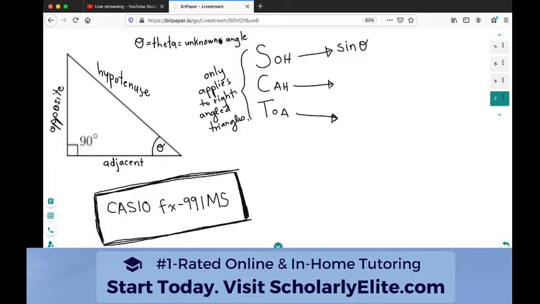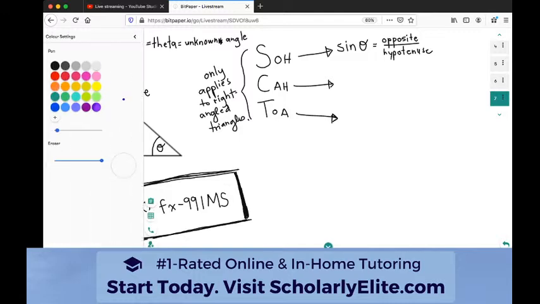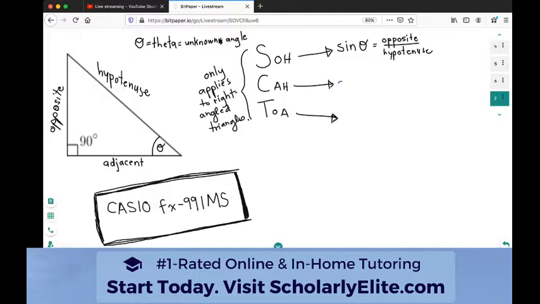So sine of some angle is equal to the length of the opposite side over the length of the hypotenuse. So in actuality, we are using side lengths of the triangle to solve for the angle, which is pretty cool. Cool in my definition of the word cool. I know other people have probably way cooler definitions.